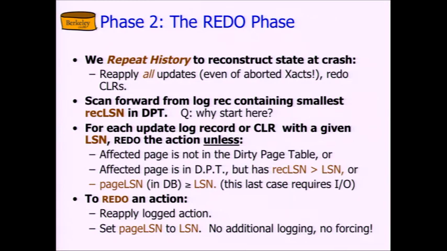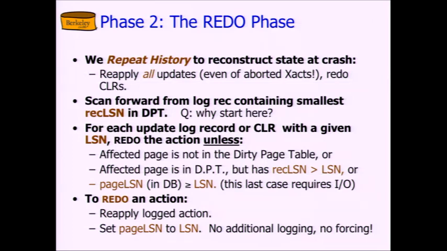At some time, it was dirty. Our update was applied. Then it was flushed to the database. And then it was dirtied again by rec LSN. All right, so what happened in history must have been, because remember, rec LSN doesn't change. It's the first time the page gets dirty, right?